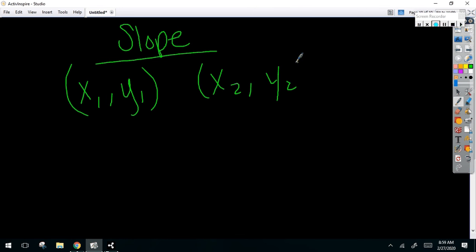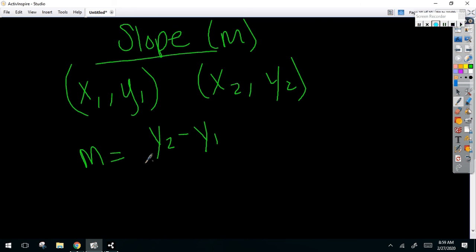Slope, which we're going to let be m, is the difference in the y's over the difference in the x's. It does not matter which one you start with. Most books start with y2 for some reason. I could also write it this way.